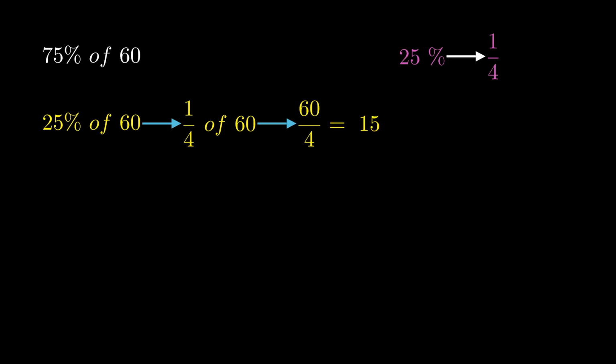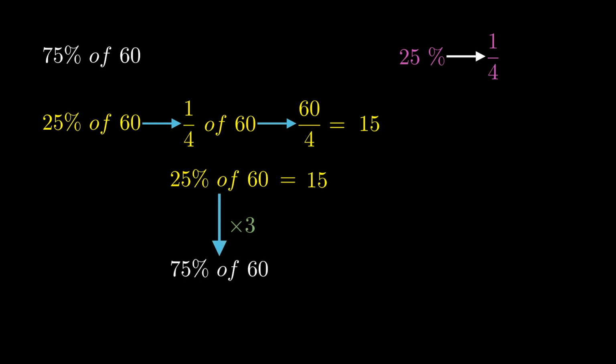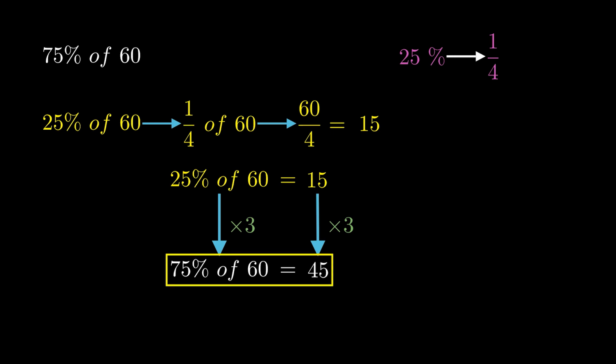Okay, now if I use the logic of the unitary method, 75% is nothing but 3 times 25%. So if 25% is 15, then 75%, which is 3 times, is going to be what percent of 60? 45. What we have done over here is just broken down the problem into 2 parts. First, we've identified what we already know and then just extrapolated it. So we've kind of come up with our own trick over here.